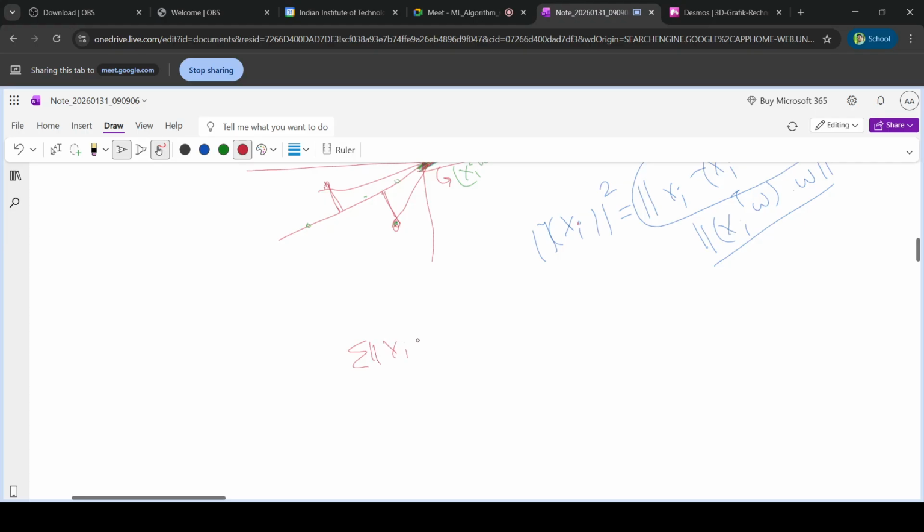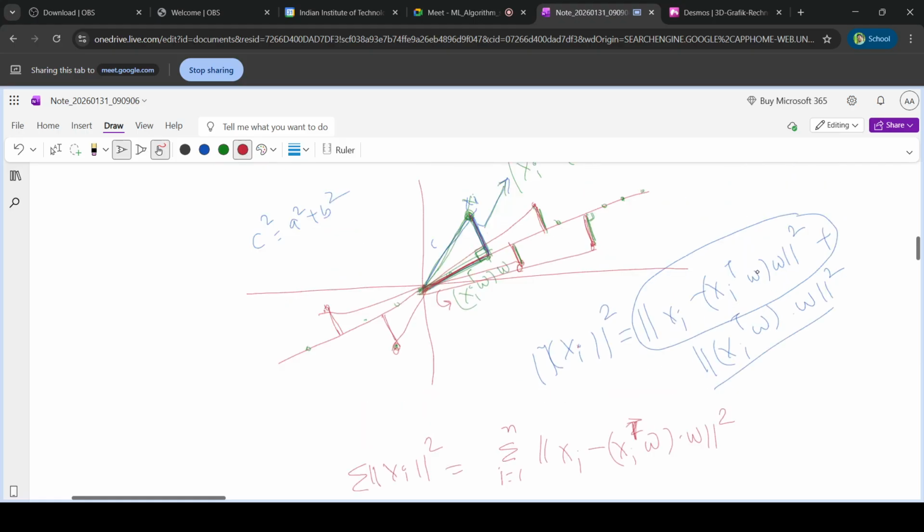Summation of xi square, i equal to 1 to n, equals summation i equal to 1 to n of xi minus xi transpose w into w, whole square. This is the error here, the summation of all these errors, plus the summation for i equal to 1 to n of xi transpose w into w, whole square.